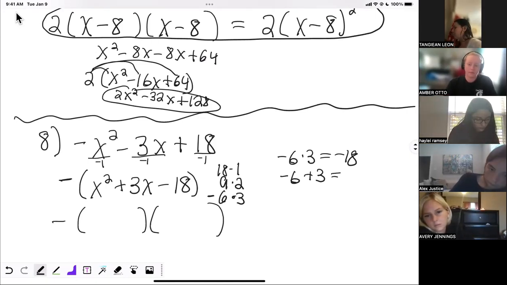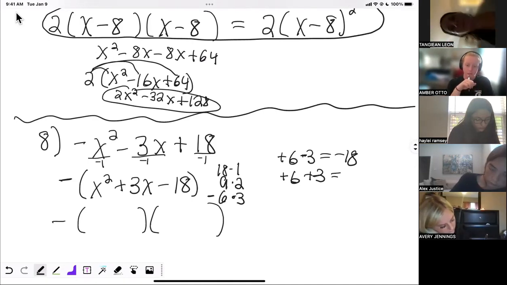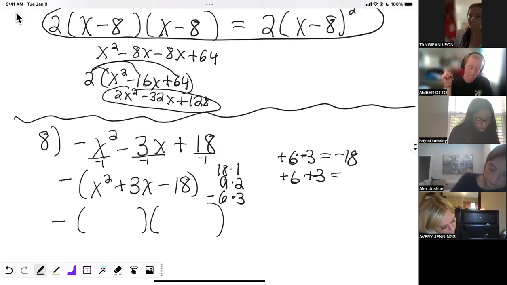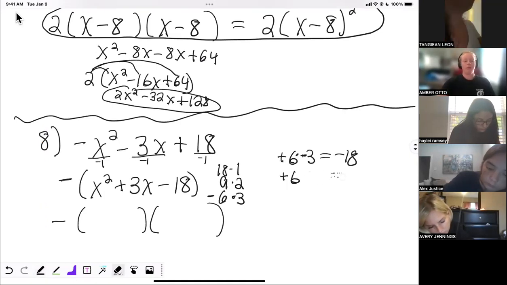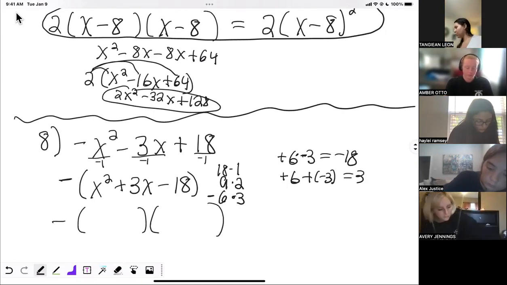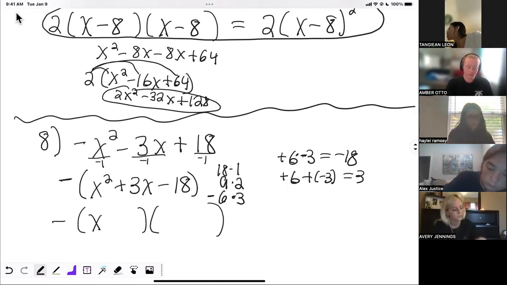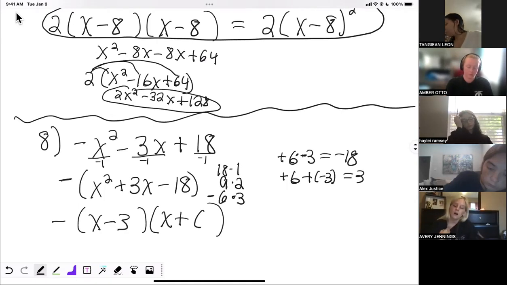I take that back: +6, -3. That's why you check your answer. 6 times -3 is still -18, and +6 plus -3 is 3. So my 3 has to be the negative part, and my 6 has to be the positive part.